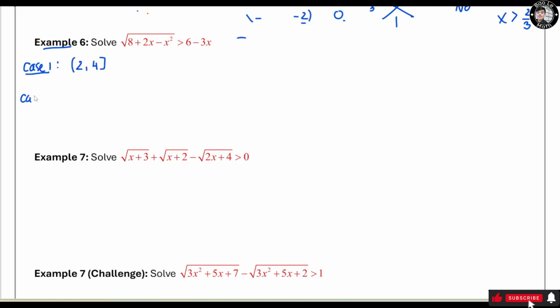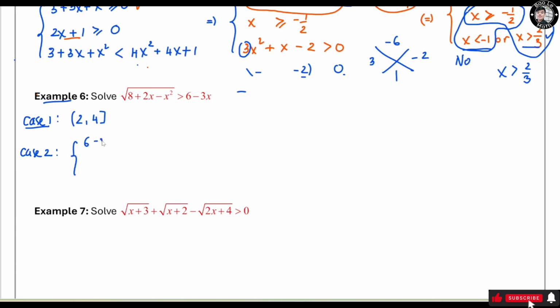Now case number 2. Set -3s greater than or equal to -6, then we square both sides, so it becomes 8 plus 2s minus s squared greater than (6 minus 3s) altogether squared, right?